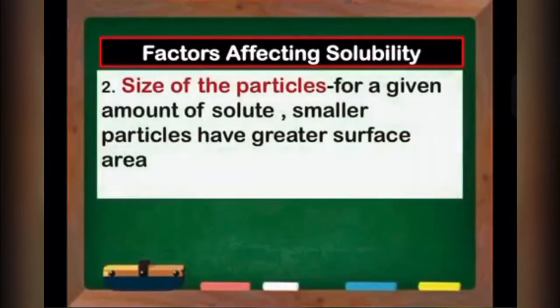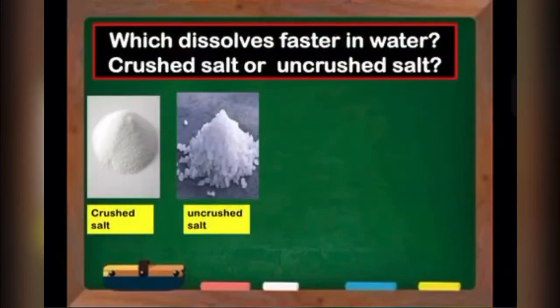Number 2, the size of the particles. For a given amount of solute, smaller particles have a greater surface area. Now, which dissolves faster in water? Crushed salt or uncrushed salt? Yes, the answer is crushed salt.